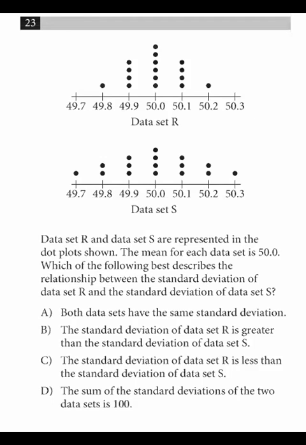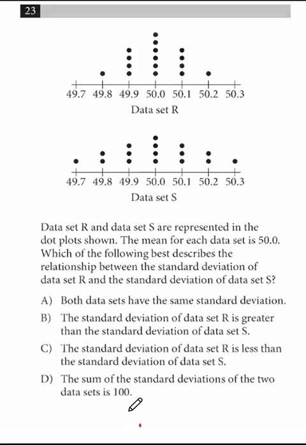All right, so for question 23, we have two data sets, and we're told the mean is 50. Which of the following describes the relationship between the standard deviations? Standard deviation is, on average, how far away the data points are from the mean.